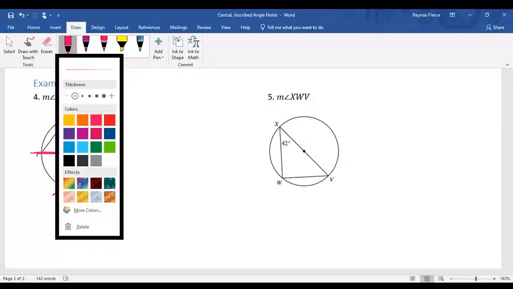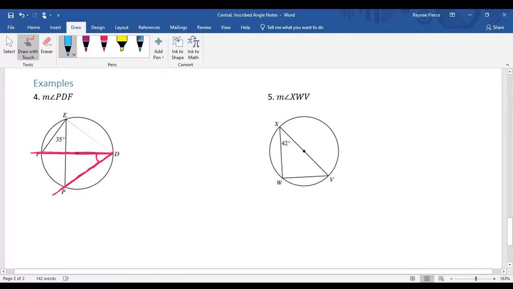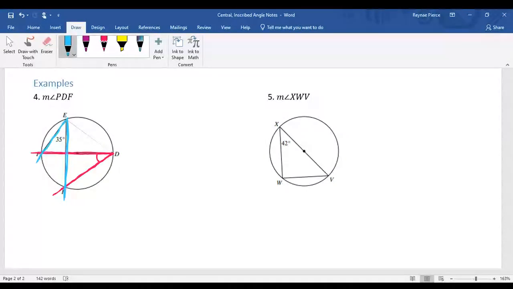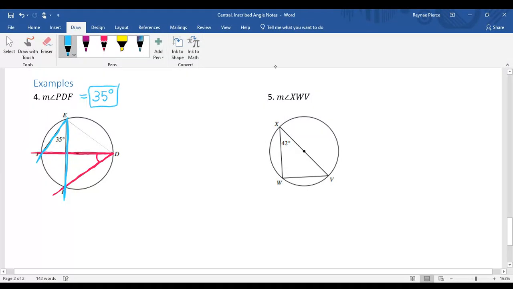See that this other angle that we're given, angle FEP, also intercepts that same arc. So since angle FEP is 35 degrees, angle PDF also has to be 35 degrees.